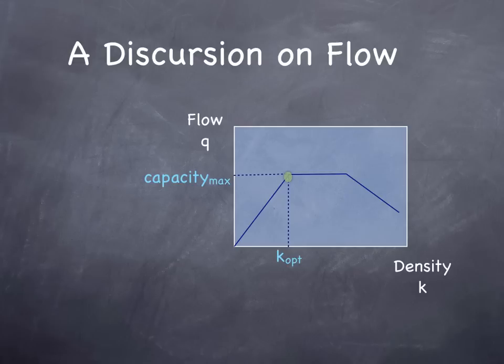As we increase the density on the road, we're increasing the flow on the road up to a point. Slope is rise over run. Rise is flow, run is density. The slope is Q over K. What is vehicles per hour over vehicles per kilometer? Kilometers per hour, velocity. As we increase density, we're increasing flow at a fixed speed up to some point.